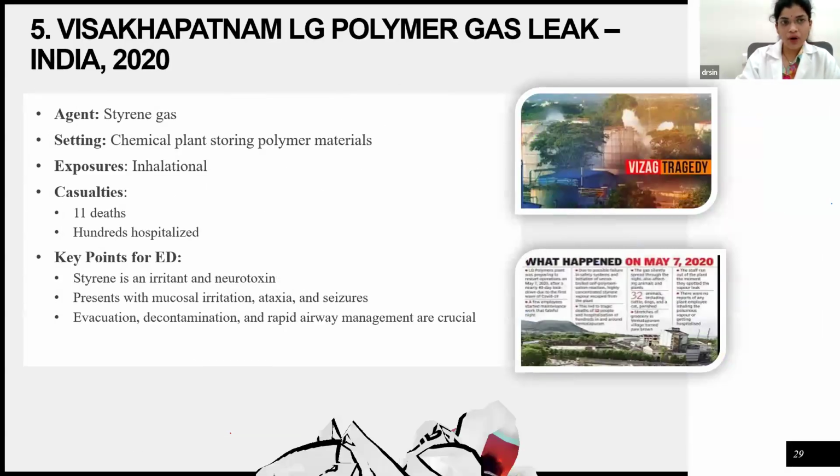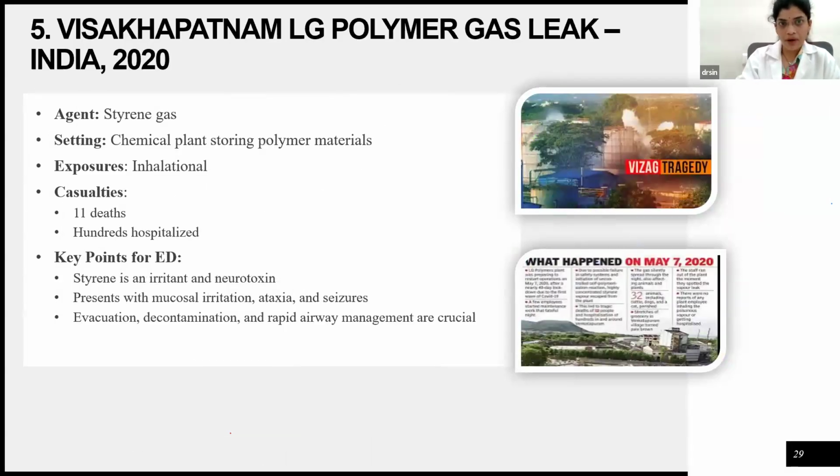One more is the Visakhapatnam polymer gas leak, which happened in Andhra Pradesh, India, in the year 2020. The agent involved here was styrene gas, in the setting of a chemical plant storing polymer materials. Exposures were basically inhalational, and styrene gas usually causes ataxia, seizures, more neurological symptoms.